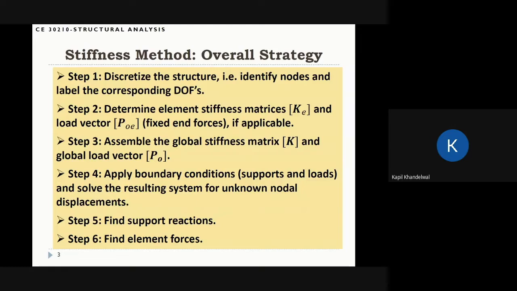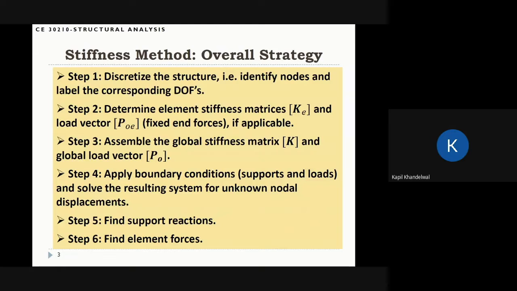For example, for the same structure, you can put a larger number of elements to solve the system. But that means that you will have more degrees of freedom. So it's a designer choice, or if you are a structural analyst, that's your choice. How do you want to discretize the structure?